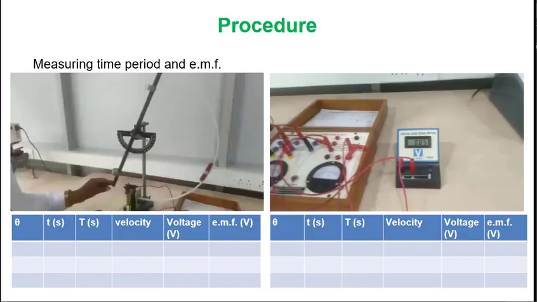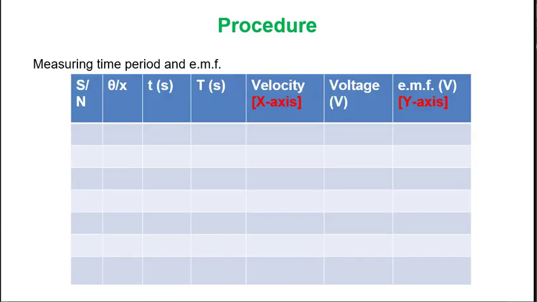Let us once review the table of observations. In this column you need to take note of theta or x, then the time for 10 oscillations and the voltage for 10 oscillations. This time divided by 10 will give you the time period and then it will give you the velocity.